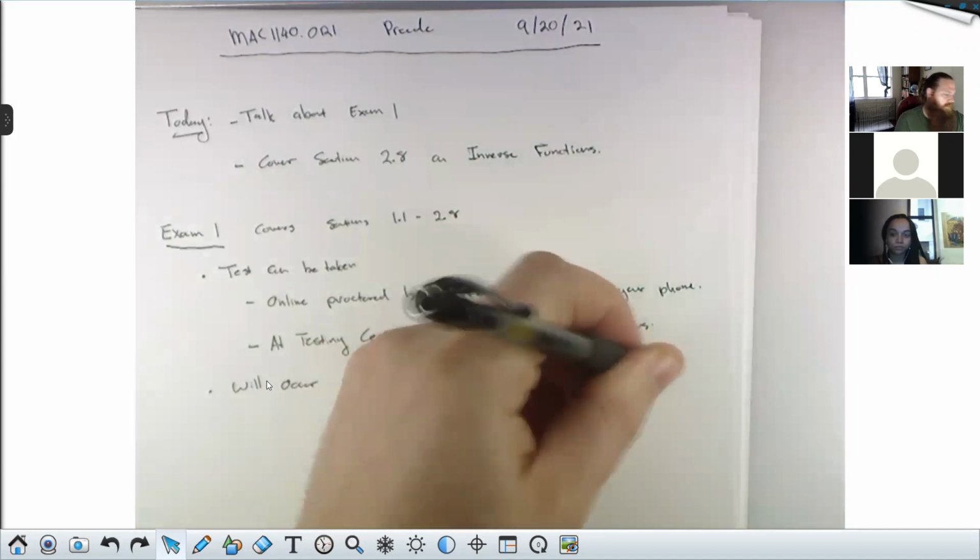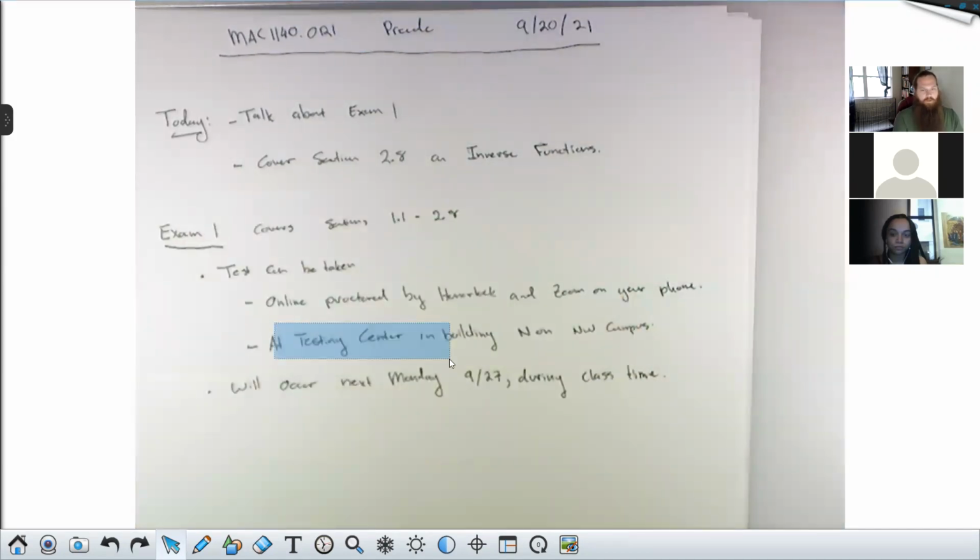Now I can stretch that window a little bit if you're taking it at the testing center. Like if you have another class right before this or another class right after this, so you can't get there and then get to wherever else you need to be. If you're going to take it at the testing center, then I'll give you about an hour window on either side of class. So you could start there. Well, I don't think they're open at 7, actually.